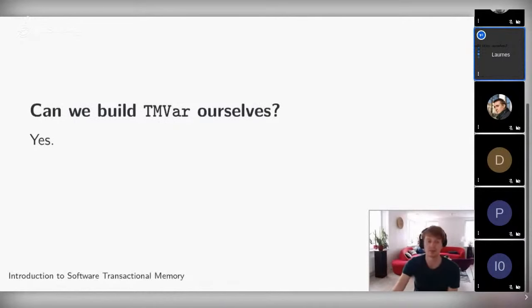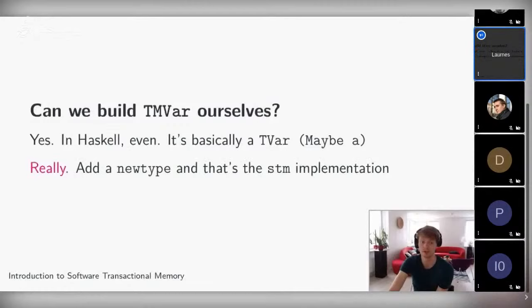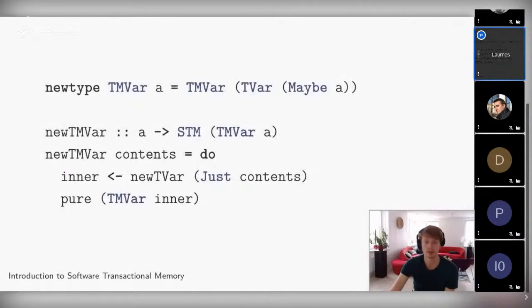And the answer is yes. You can even write it yourself in Haskell using just TVars, because this TMVar is basically a TVar containing a Maybe a. If you add a newtype over this, that's the actual implementation from the STM package. I removed the comments, but something like this is in the STM package.